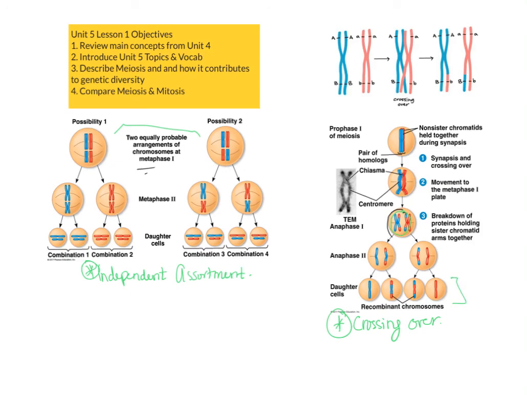So independent assortment and crossing over are two parts of meiosis that both increase the variation of the gametes and ultimately the variation of a population.